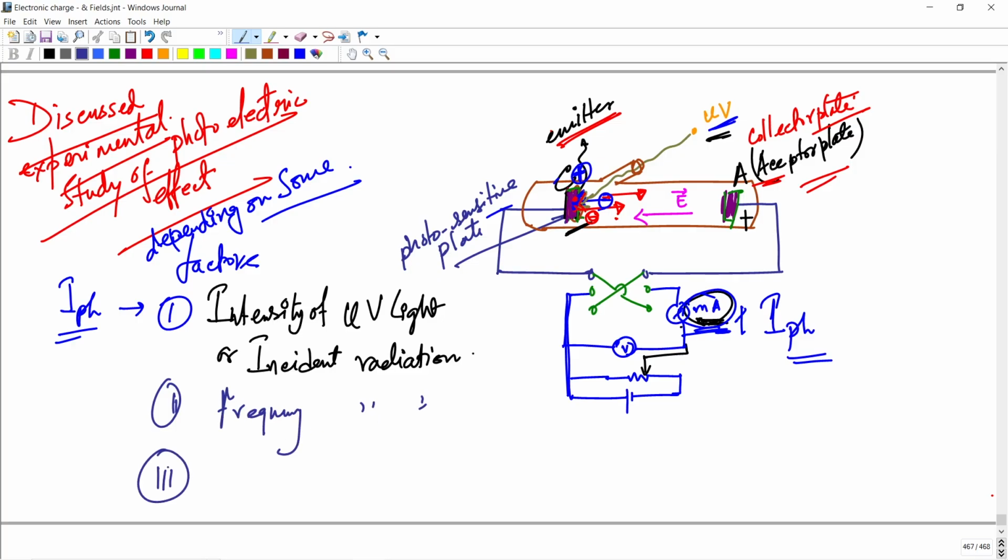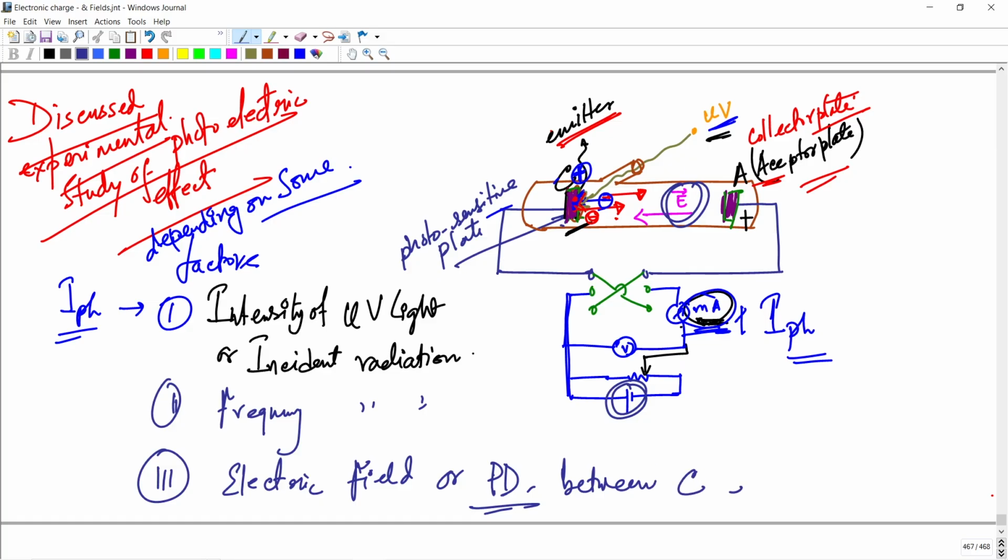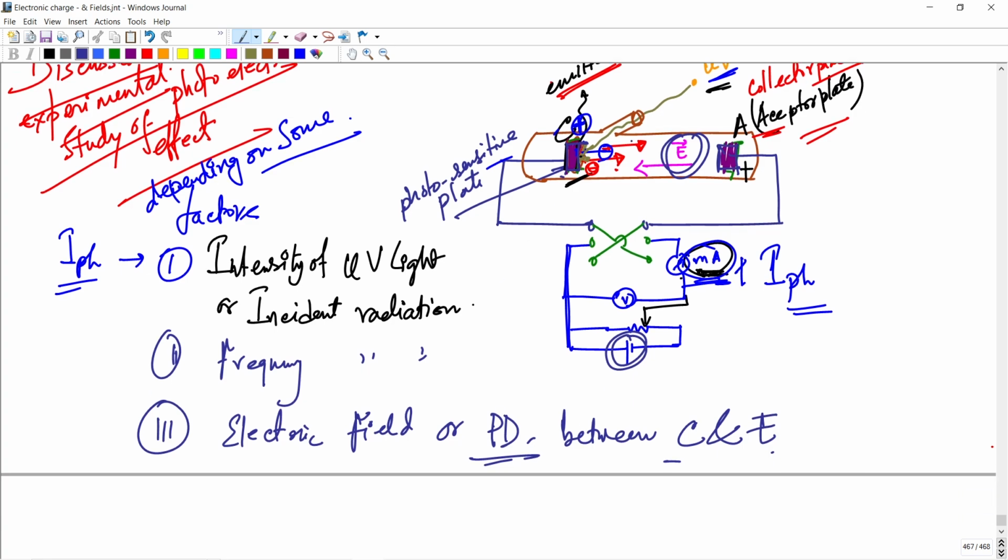The third factor is the potential difference; here we apply an electric field, that is, a potential difference between the collector plate and the emitter plate. The collector plate collects the photoelectrons, and the emitter plate emits them. In between these two there is some light here.